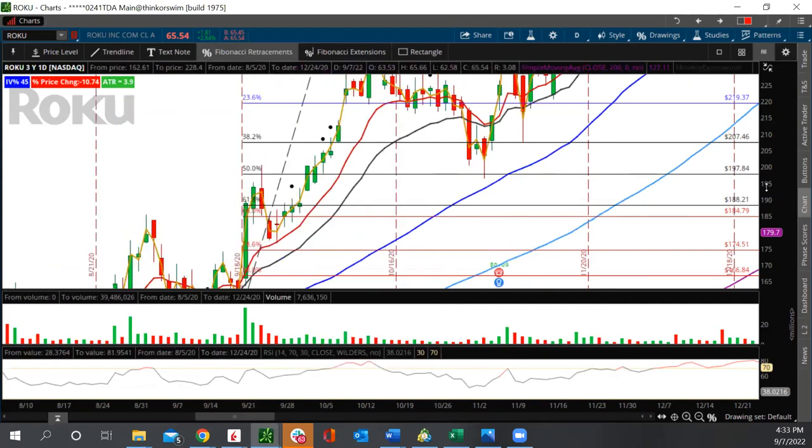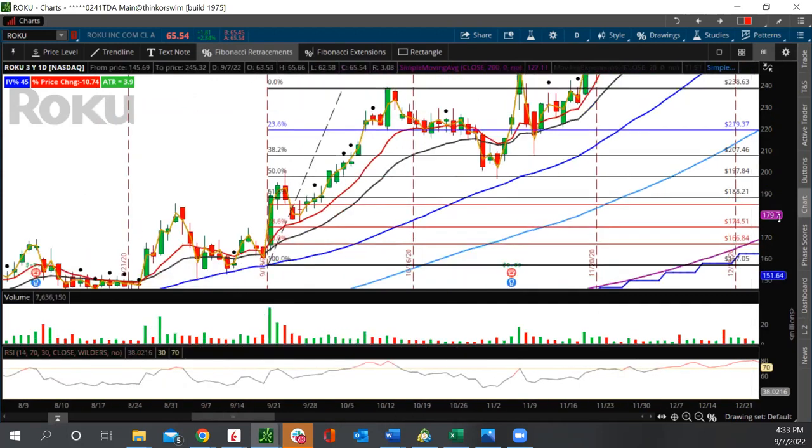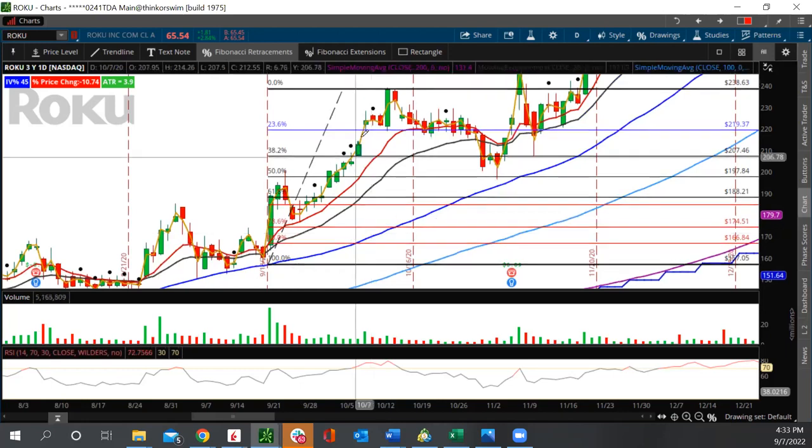So if you were in this trade, or let's say you were setting this up and threw on your fib here, you can see clearly, so let me back up. RSI, overbought, oversold.